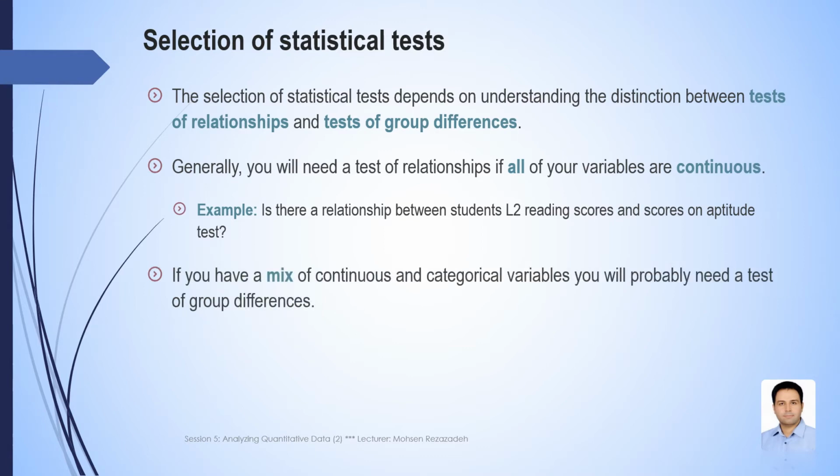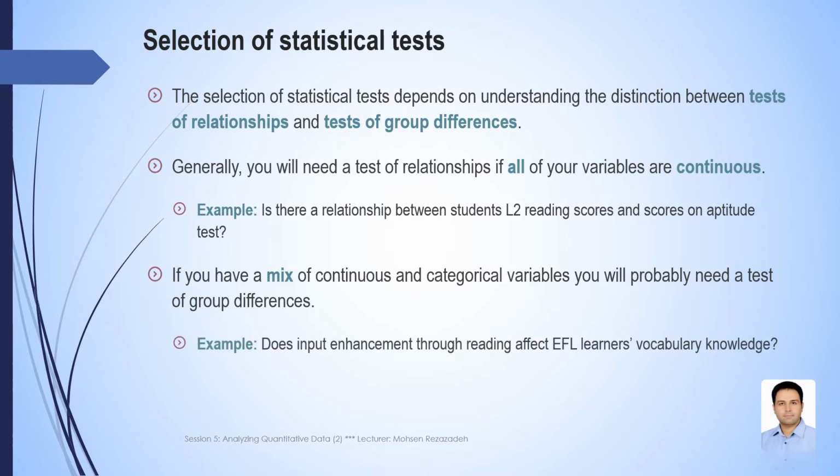If you have a mix of continuous and categorical variables, you will probably need a test of group difference. Now, see this example. Does input enhancement through reading affect EFL learners' vocabulary knowledge?